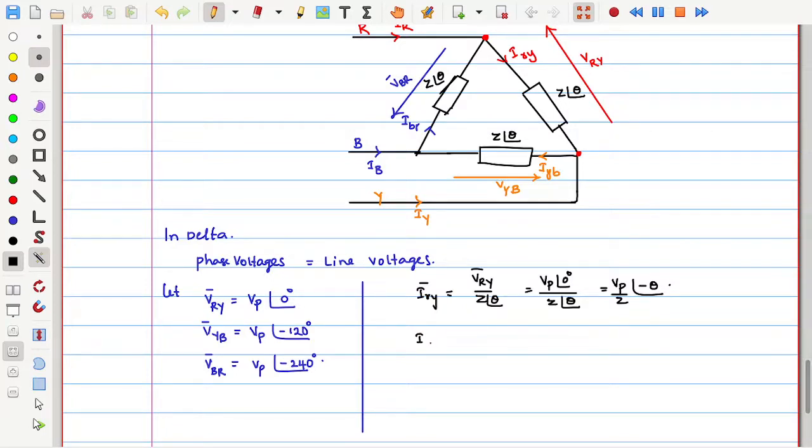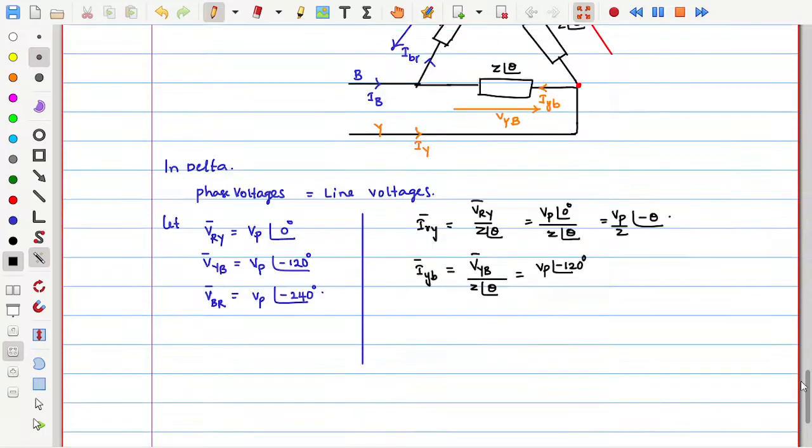What are they? IYB is equal to VYB by Z at an angle theta. So Vp at an angle minus 120 divided by Z at an angle theta. Let me write all these things quickly.